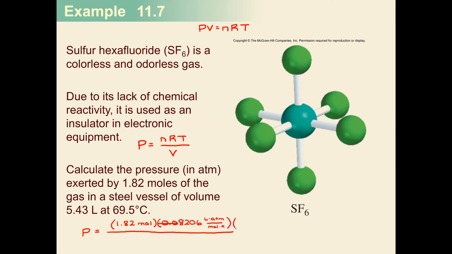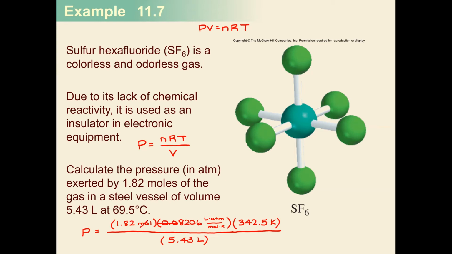And now I need my temperature, which as you can see here is 69.5 degrees C. I would have to convert that to Kelvin, and that comes to a value of 342.5 Kelvin. And then finally, I need my volume, which it says the steel container has a volume of 5.43 liters. So let's take a look real quick at all of our units.